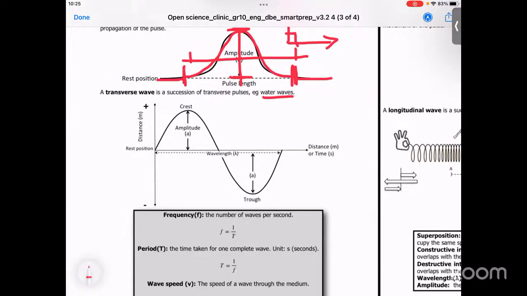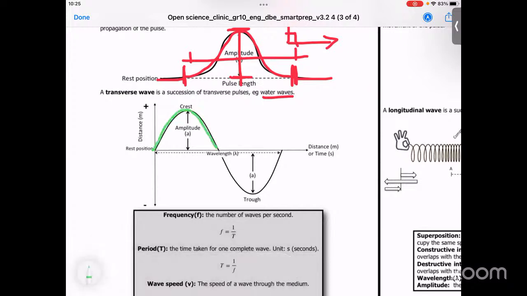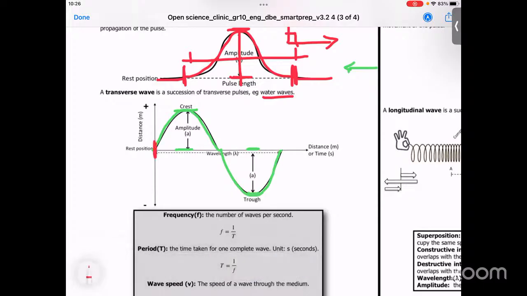Looking at this diagram, it seems like the one we just discussed, where that distance is the amplitude, and then the same thing continues flipped. From zero to the highest point is the amplitude, and the wavelength starts from there all the way up to there.